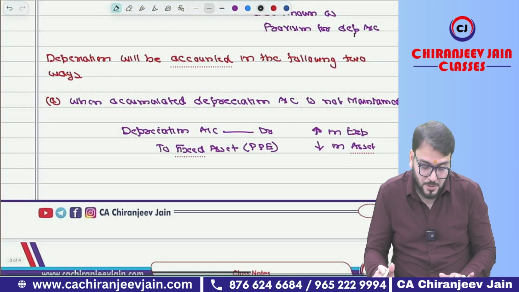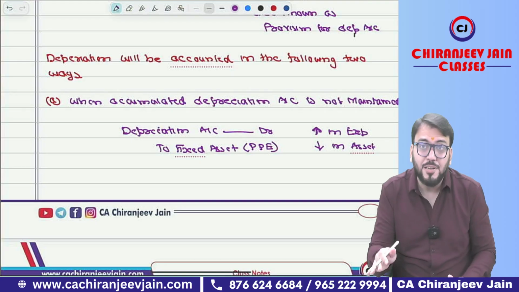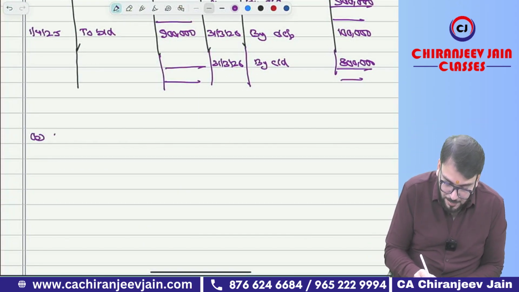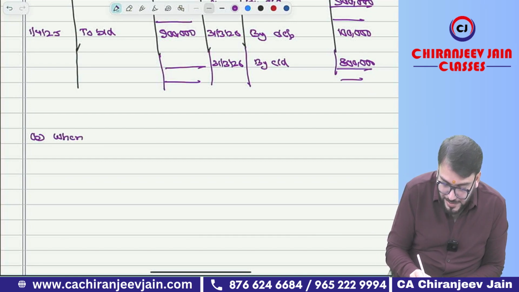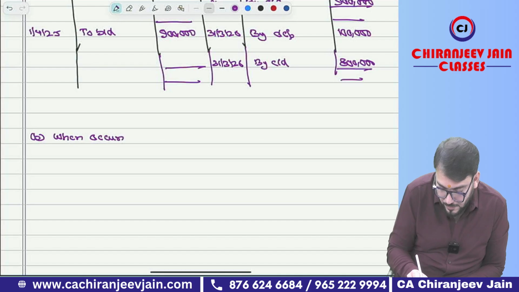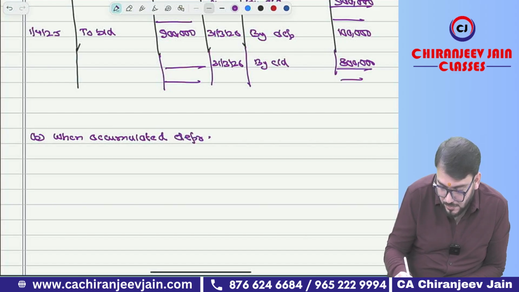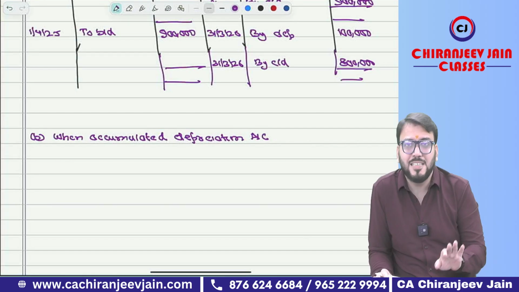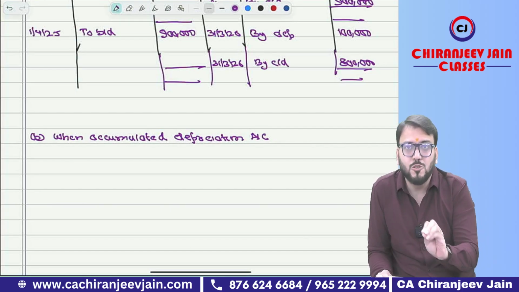No doubt. But the second way of accounting depreciation is what? Write down point number B. When accumulated depreciation account or provision for depreciation account, both are same. From exam point of view, both are same.